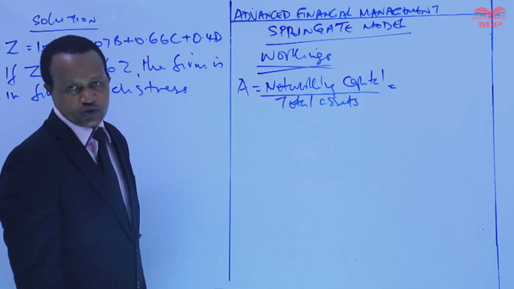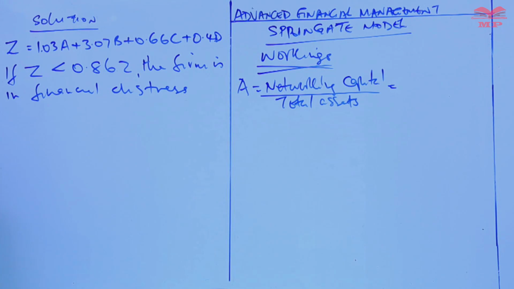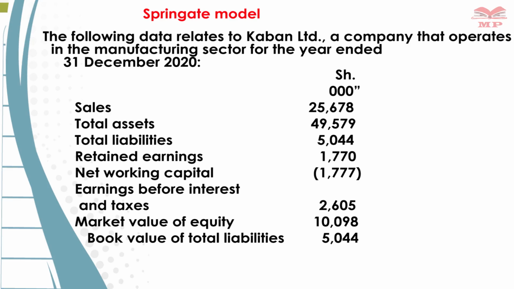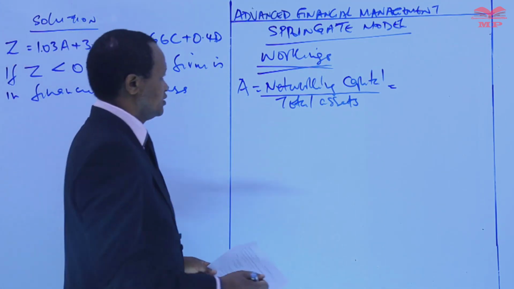So from the information, what is the net working capital? Negative 1,777,000 is the net working capital. Then do we have the total assets from the information given? Yes, you have the total assets there. The second item, 49,579. Correct. So we have the values.